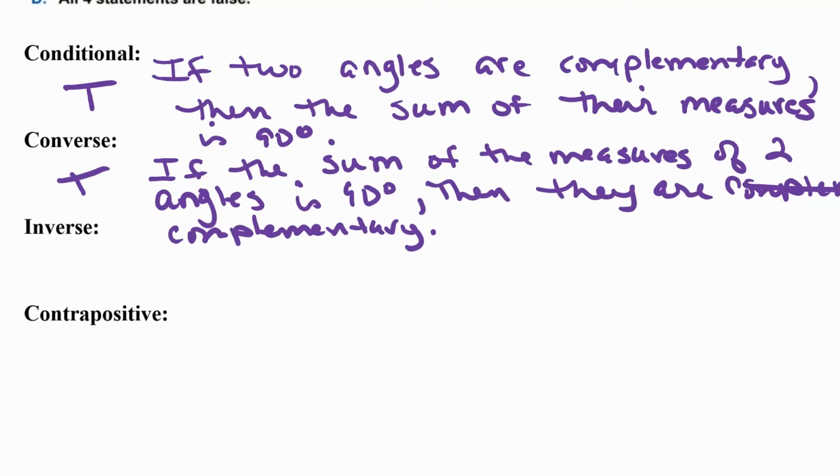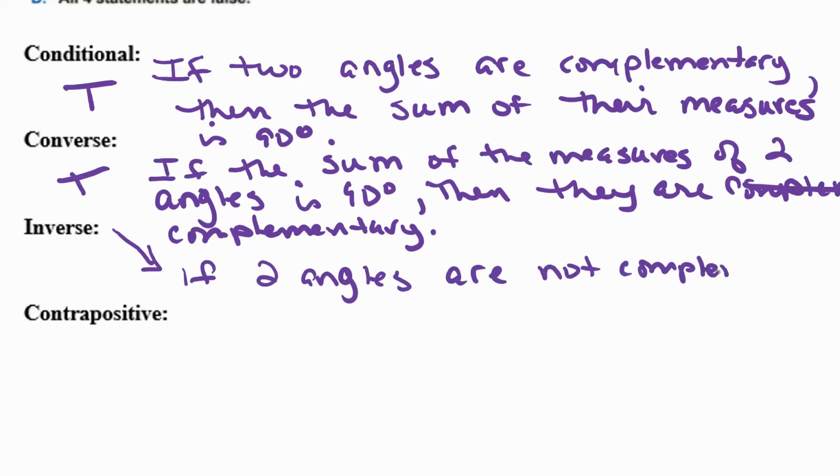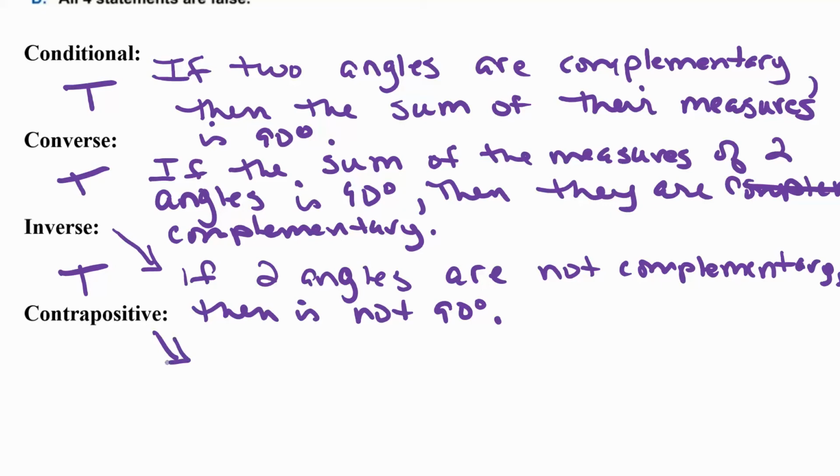The inverse would be if two angles are not complementary, then their sum is not 90 degrees. And that's also true. Contrapositive.